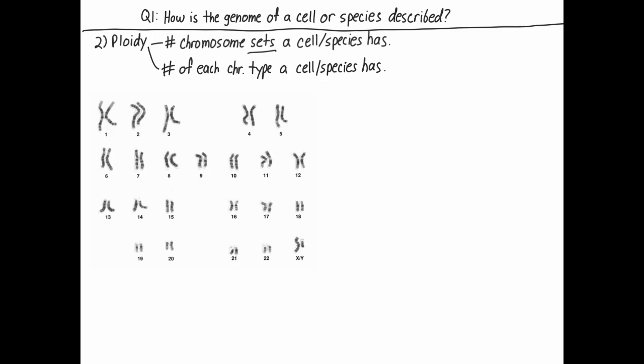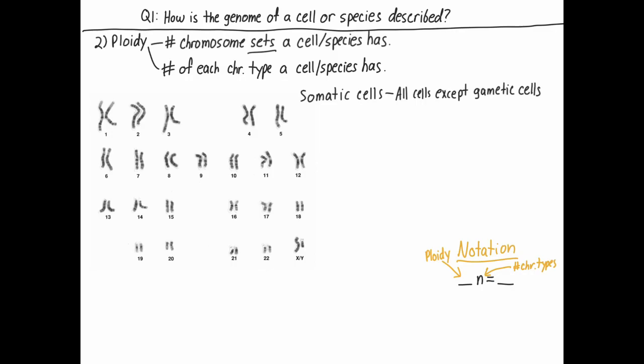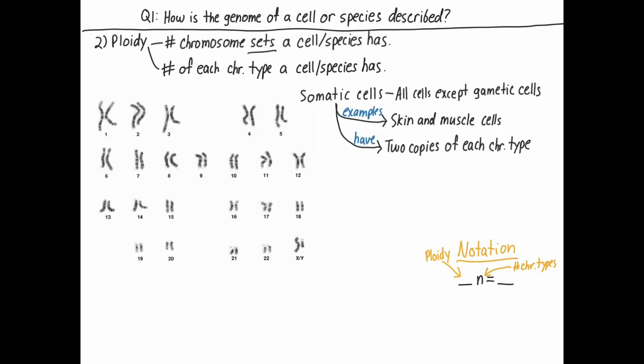An organism's ploidy is represented by the number in front of N, and that number is the number of each chromosome type that a species or cell has. Human somatic cells, which are all cells except gametes and their parent cells, like skin or muscle cells, have 2 copies of each chromosome type. Somatic cells are diploid, or 2N.